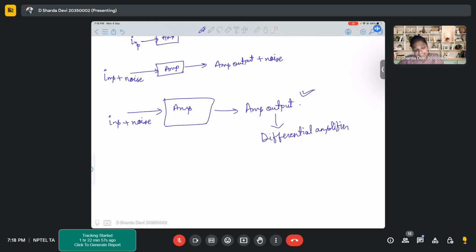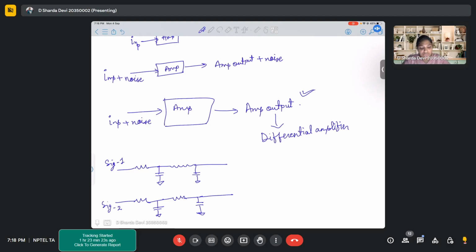Okay, so let's take an example. Let's say there is a transmission line, RC circuits. There are two similar transmission lines which are carrying your signals, signal 1 and signal 2.